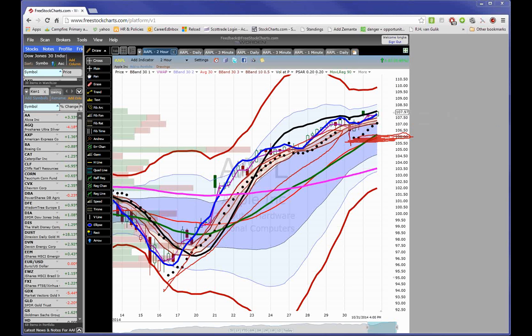I would use the 2 hours Bollinger Band mean on the 2 hours. I think that works pretty nice. Once it crossed back above the 270, this red line, the Bollinger Band mean, looks pretty good.